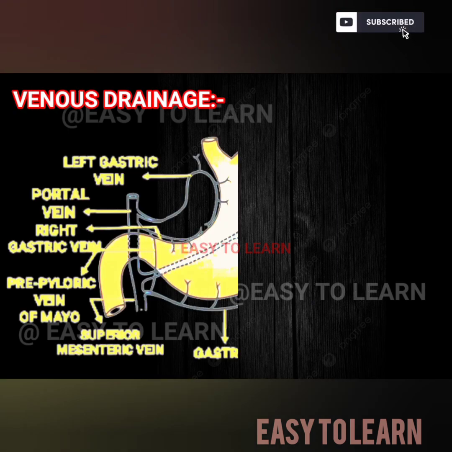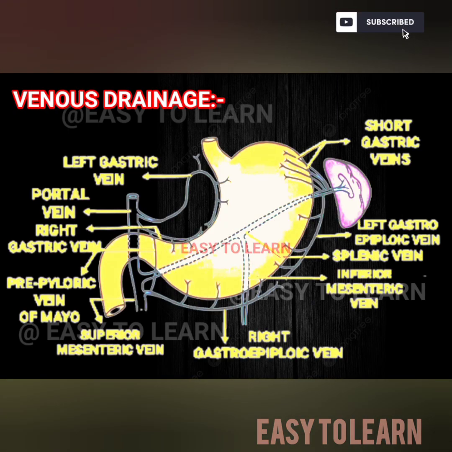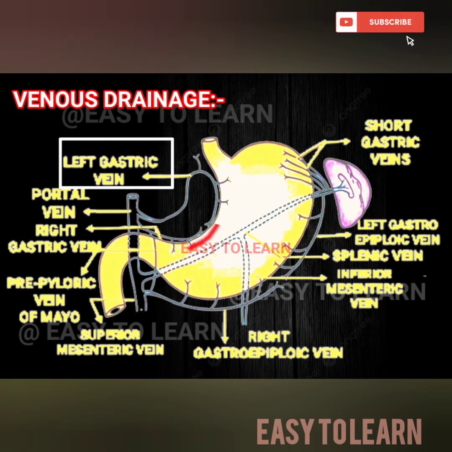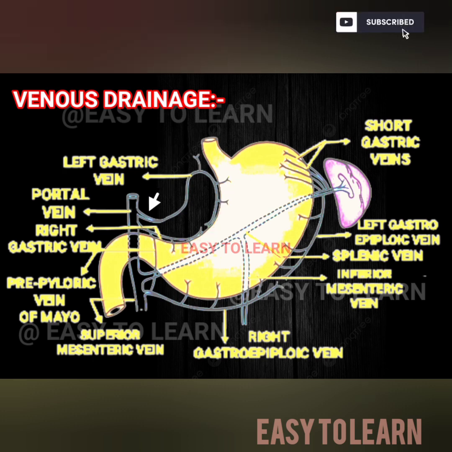Venous drainage. The veins of stomach drain either directly or indirectly into the portal system. Left gastric vein runs to the left along with the lesser curvature. It receives the esophageal veins below the esophageal hiatus in the diaphragm and drains directly into the portal vein at the superior border of pancreas.